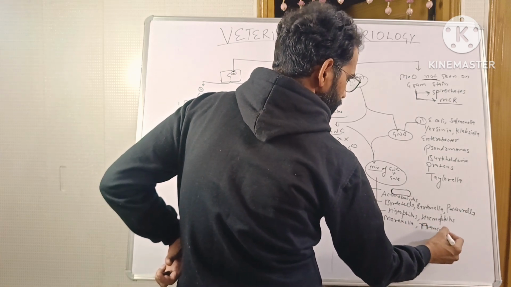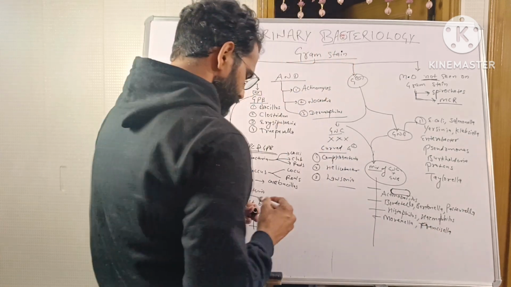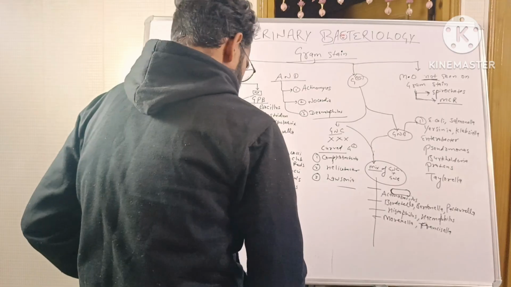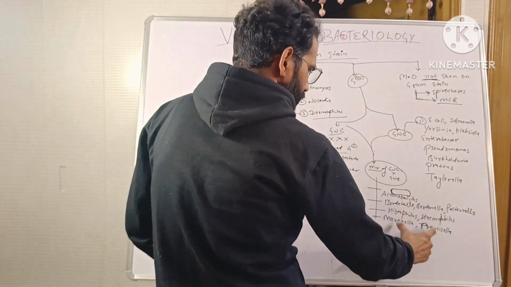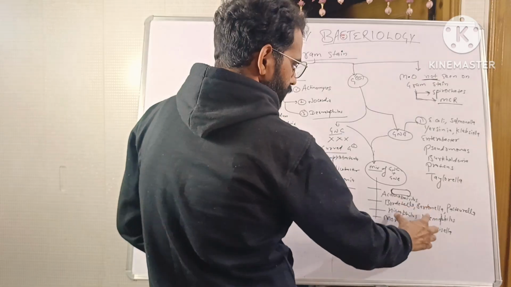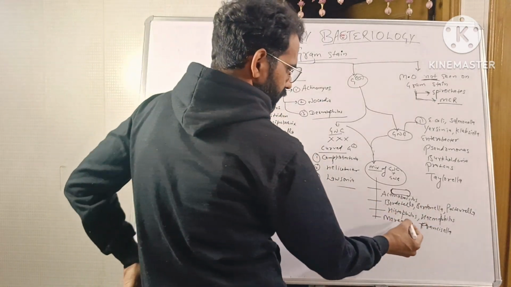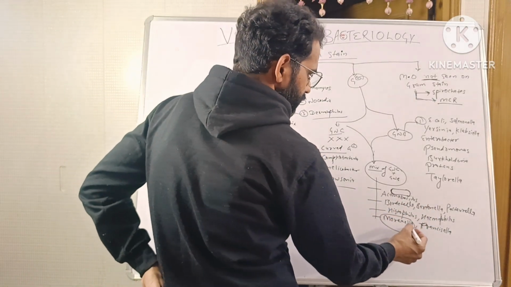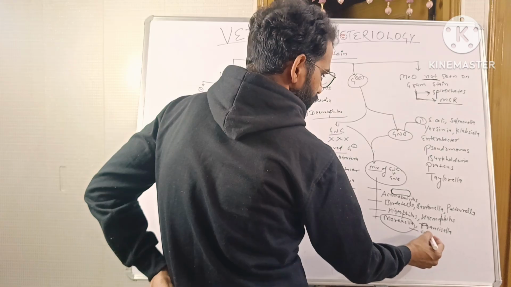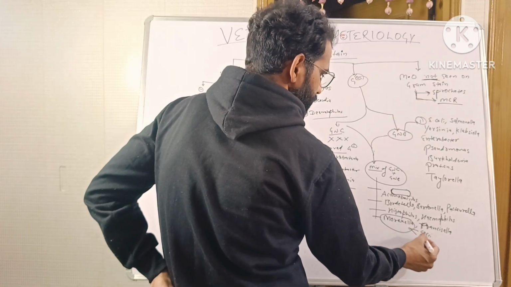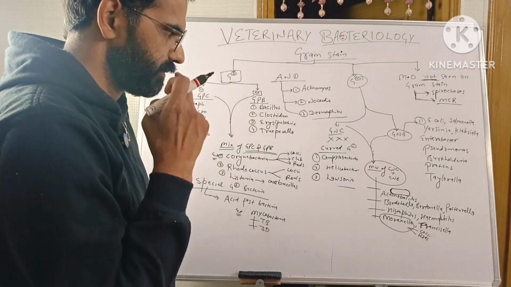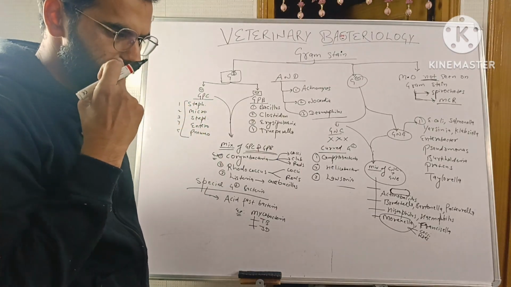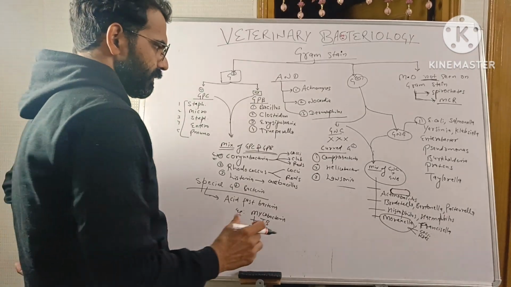So these are the bacteria which have a coccobacillus existence. Moraxella is having either cocci form or rod form. Some exist in cocci and some exist in rods, so they have a mixed form.